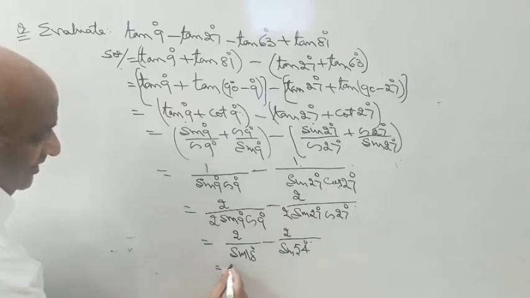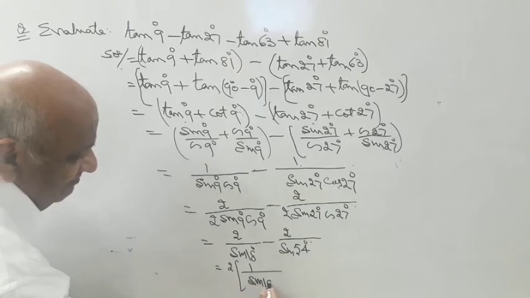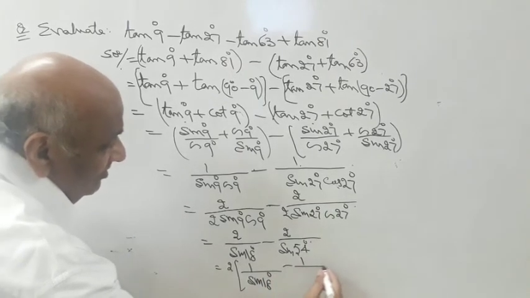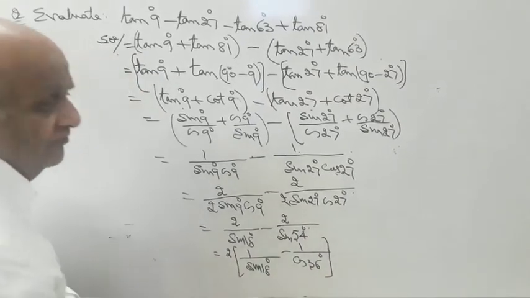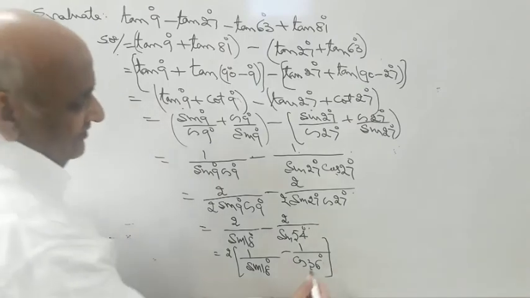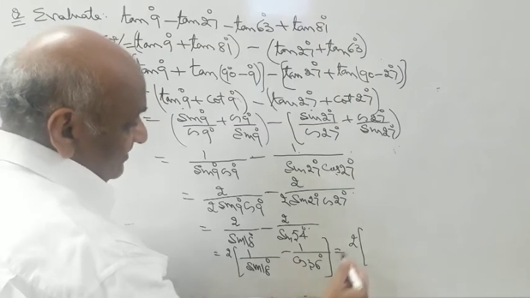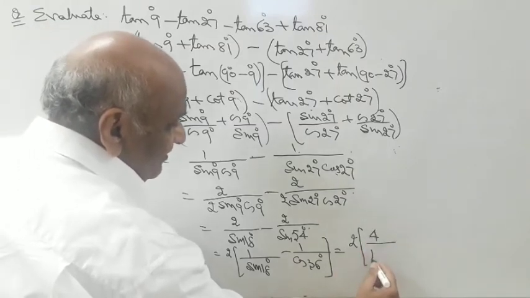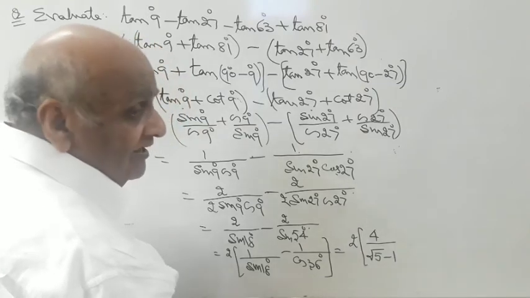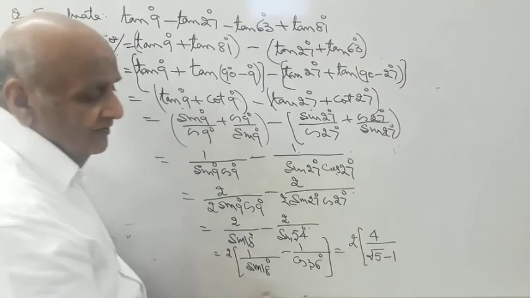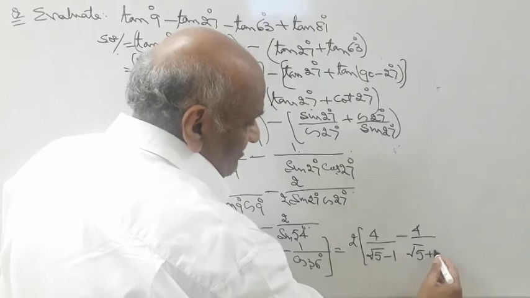See, 2 I have taken as common. 1 upon sine 18 degrees minus 1 upon cos 36 degrees, because sine 54 is sine of 90 minus 36, and this is just 2 outside, sine 18 and cos 36. 4 upon root 5 minus 1, that is root 5 minus 1 upon 4 minus 4 upon root 5 plus 1.